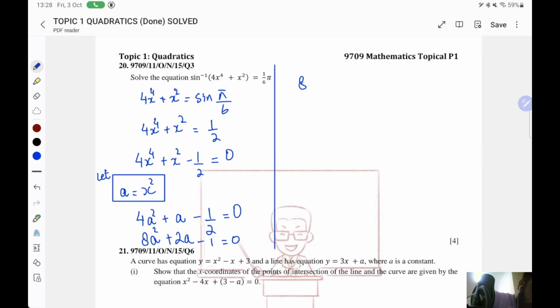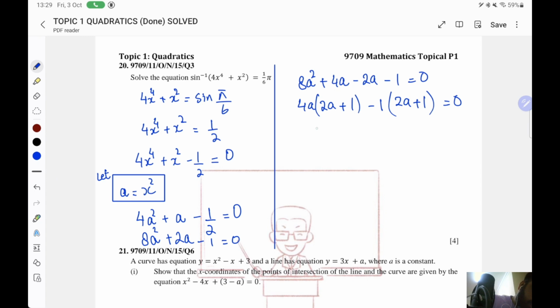So you'll write 8a square plus 4a minus 2a minus 1 equals to 0. So 4a is common in the first, and inside you'll have 2a plus 1. Minus 1 is common in the next. It's 2a plus 1.